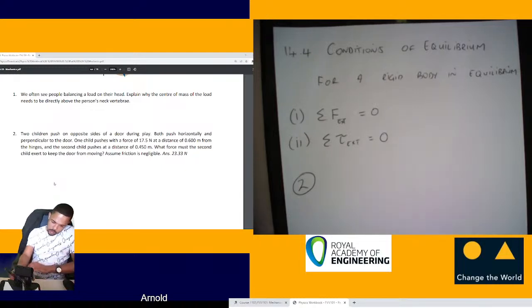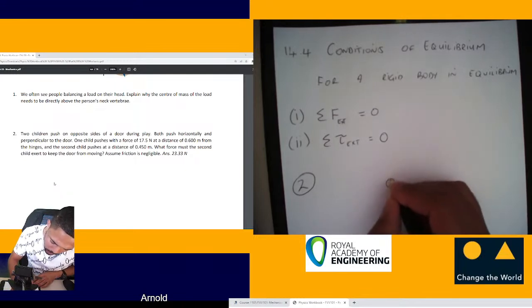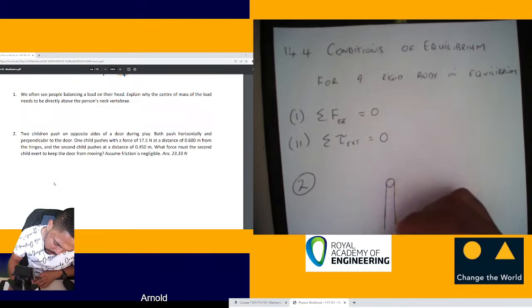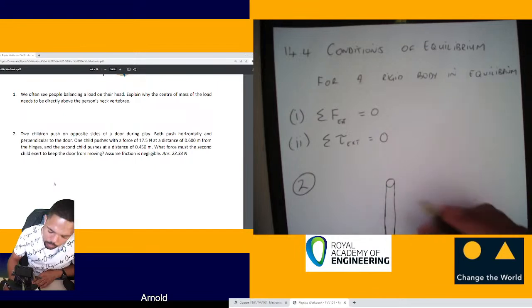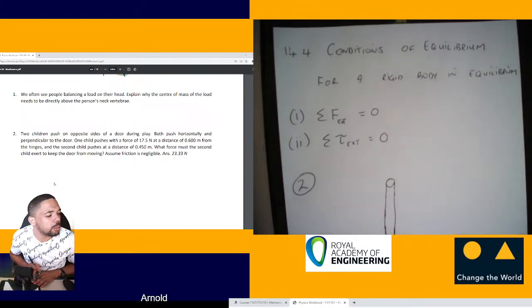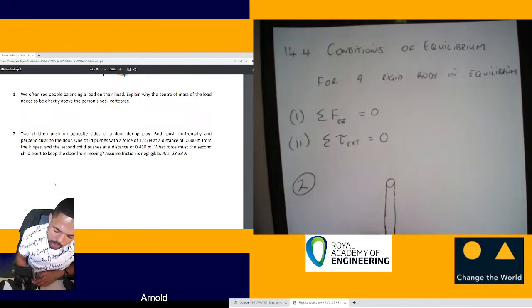So there's a door, and there are the hinges of this door. If we're looking at this door from above, both push horizontally and perpendicular to the door. So the forces are perpendicular to the door.